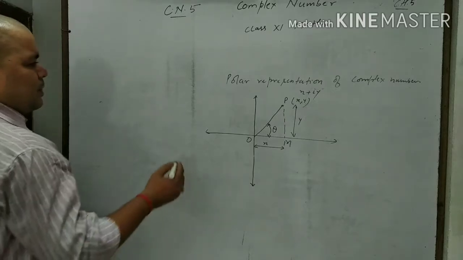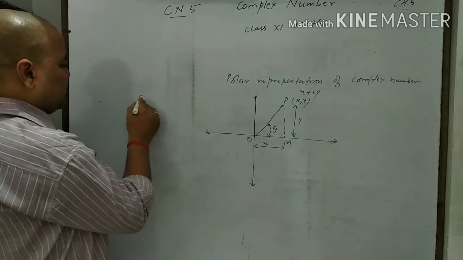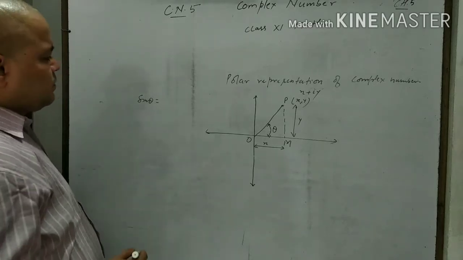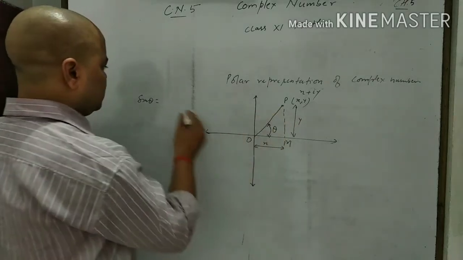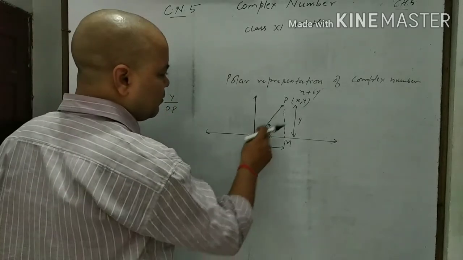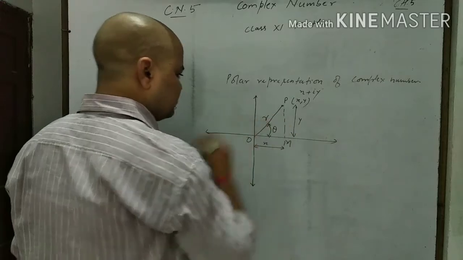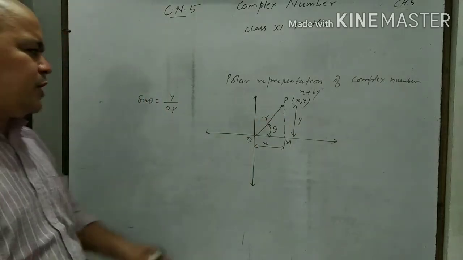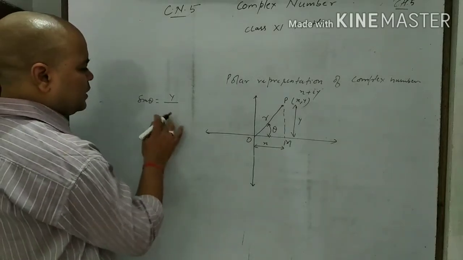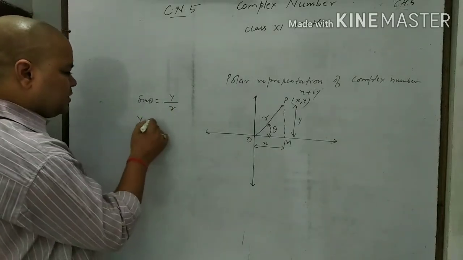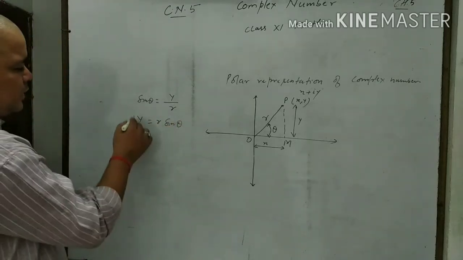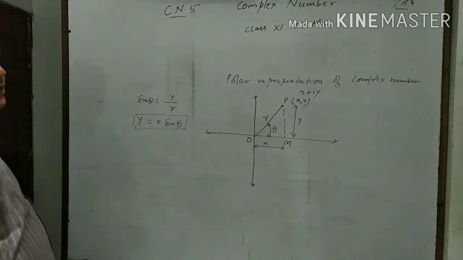Now sine theta is perpendicular upon hypotenuse, that is y upon OP. Let the distance of P from the origin be r. Then in place of OP we can write r. It means y is equal to r sin theta.